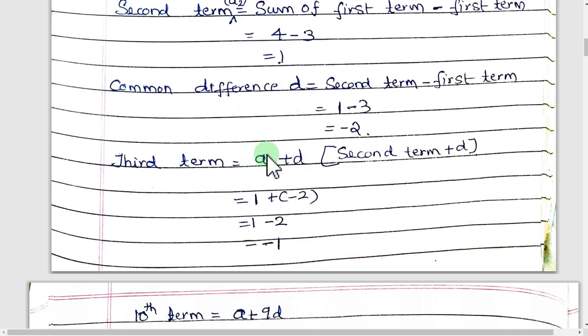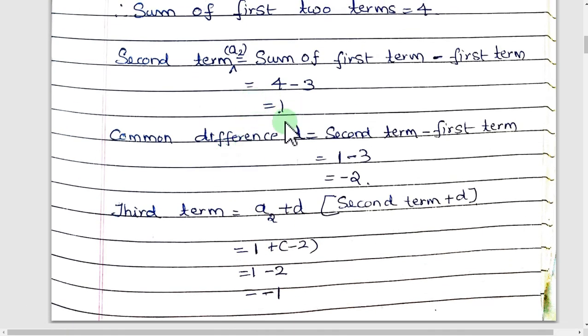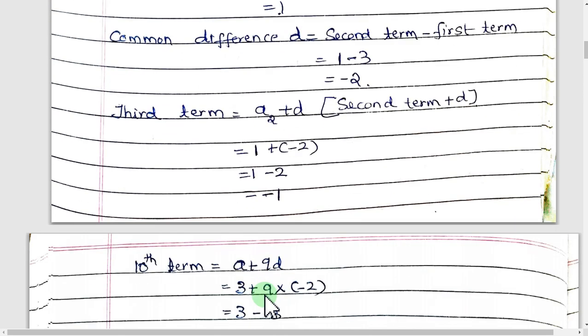Since we have the second term, which is 1, if you add the common difference, you will get the third term. Here we got 1 plus D, and D value is minus 2. So plus into minus becomes minus. 1 minus 2 is subtraction; 1 is the bigger number's sign, minus. So minus 1. So third term is minus 1.